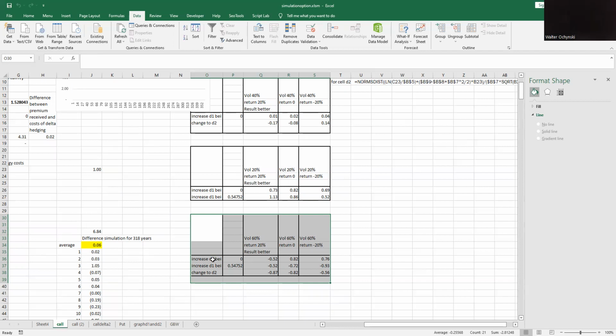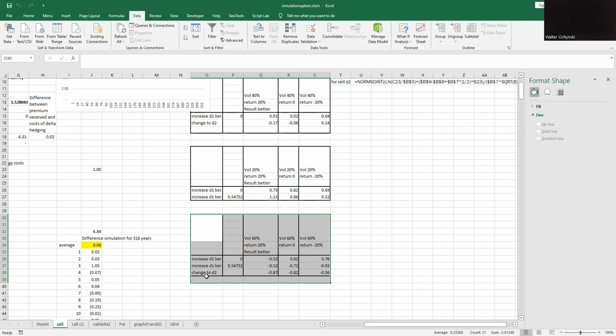So if we just make the hedging according to D1, and the return stays at 20%, we lose 52 cents. With the return of 0, we gain 82, and with return minus 20%, we gain 0.76.